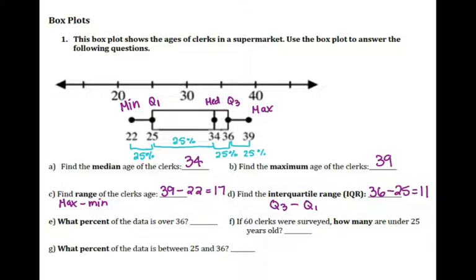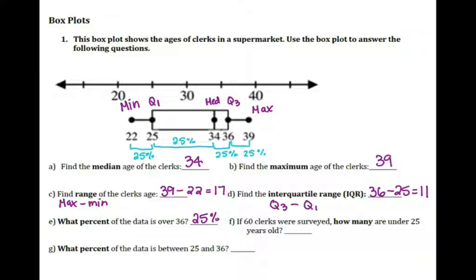You could have really long stretches towards your max and min. You could have different portions of your box being bigger than others. But again, each portion is going to represent 25%. So what percent of the data is over 36? I can see in my box plot from 36 to 39, that's one portion of my box plot. So that's going to be 25%.